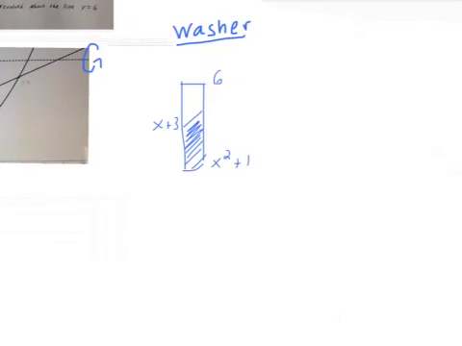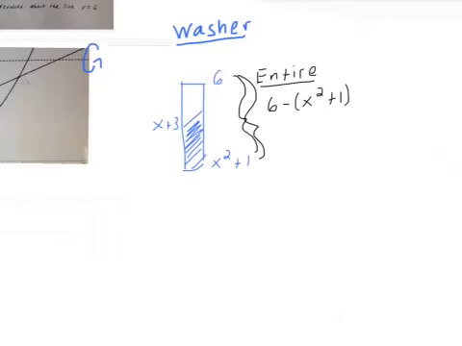Alright, so to identify the entire and the empty, the entire is going to be 6. So the entire is going to be the very top minus the very bottom, so it's going to be 6 minus parentheses x squared plus 1, which I can then simplify to be, well, when I distribute the negative, it's going to be minus x squared minus 1. So I have a 6 and I have a minus 1.